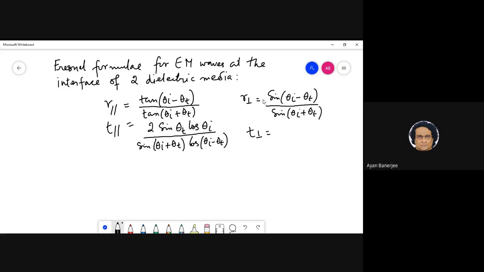Is this a minus? Yes, correct. See, I know I'll make a mistake. And t perpendicular is 2 sine theta t. Now look at this one. Is this correct? The bottom one is the same. Check this out. This one is correct. Somebody tried this.